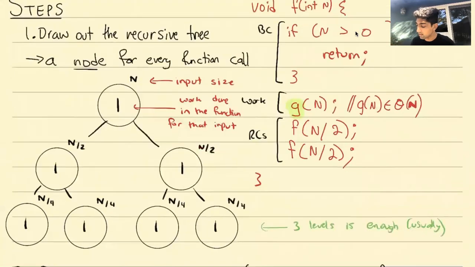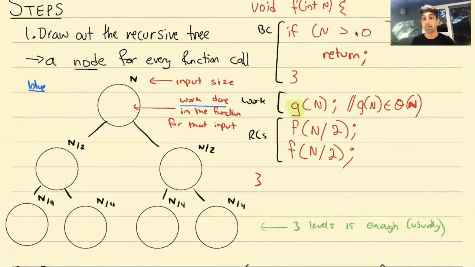So I'm going to use this bright blue color to say, let's go through all of the steps before and just note what changes and how it changes. So we could try to figure out the runtime in this case. What we're going to change here is that we will still have the same shape of the tree, we're just going to have a different amount of work done at each node.